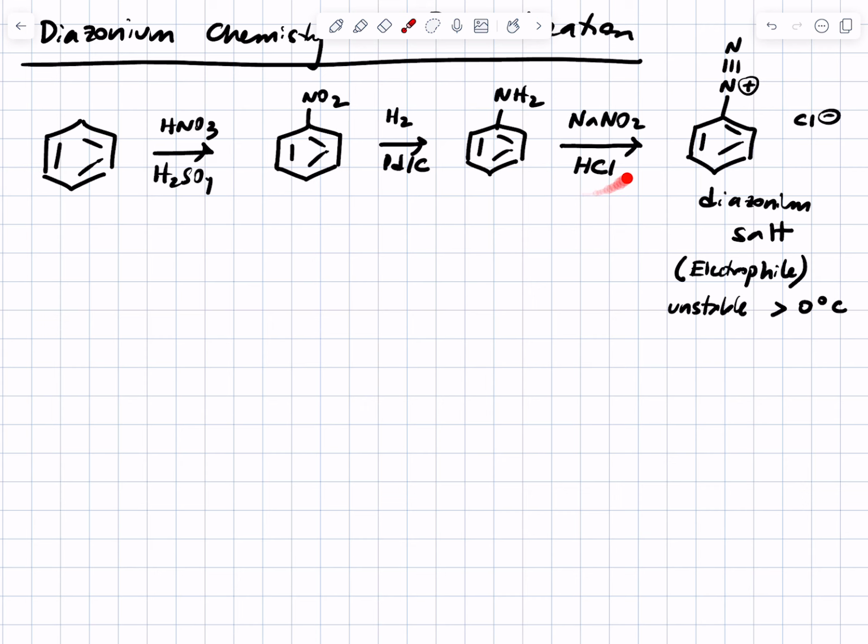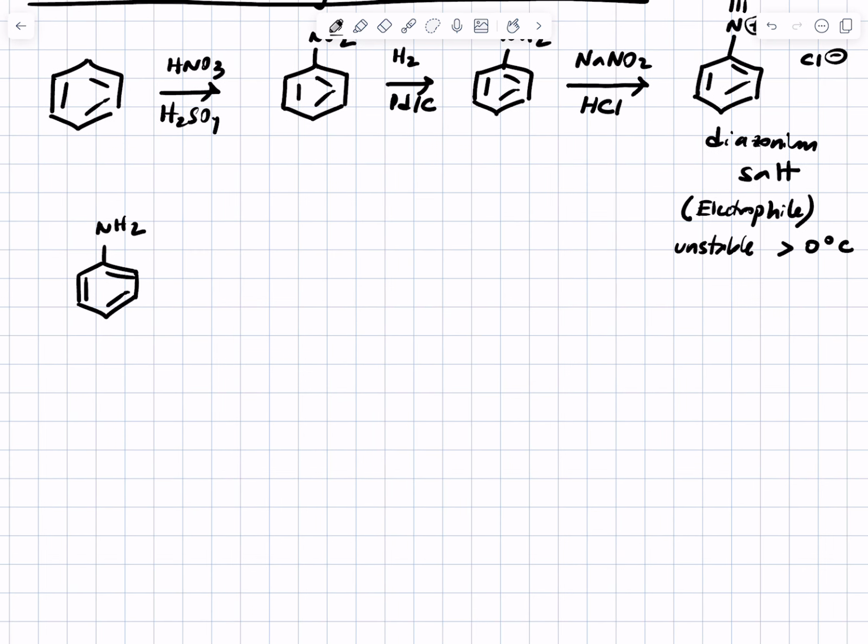The mechanism for this reaction is known. Sometimes I feel like seeing the mechanism is a good way to remember how a reaction happens, so I'll show it to you briefly. The NO2 anion, here's the aniline. So the NO2 anion looks like this.